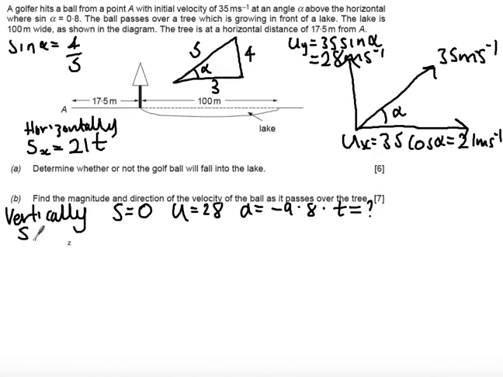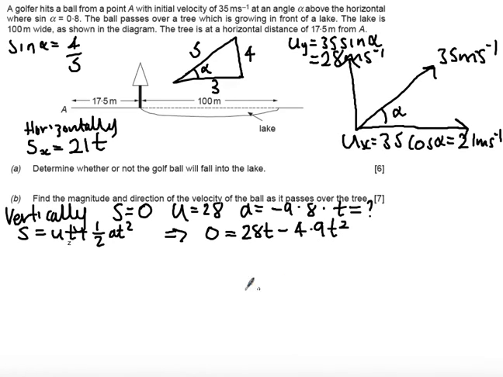The equation that links all of the 4 variables is s equals ut plus a half at squared. So substituting our values in, we get 0 is equal to 28t minus, half of 9.8 is 4.9, t squared.